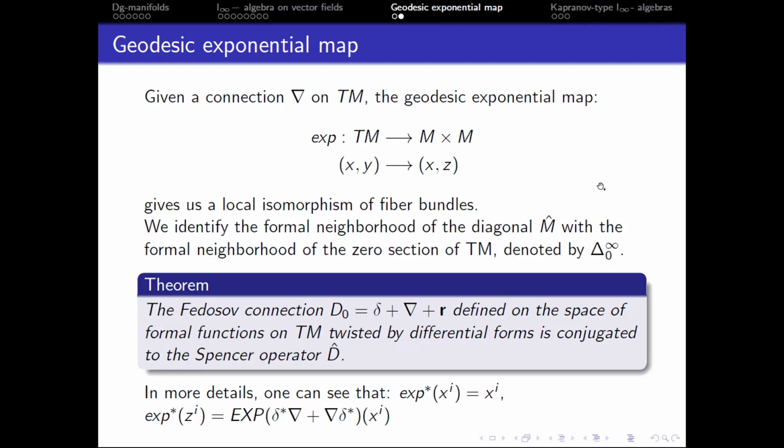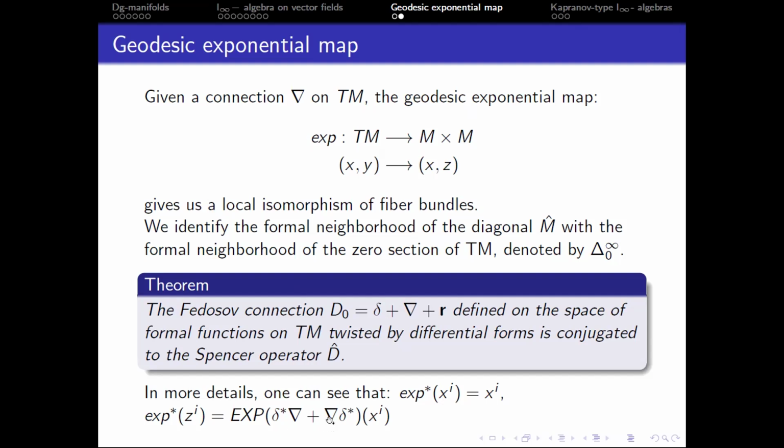So now in these last expressions, I'm just showing you how these coordinates on Tm and M times M are related. By this expression, this block exponential, I just mean the formal exponential of this operation.